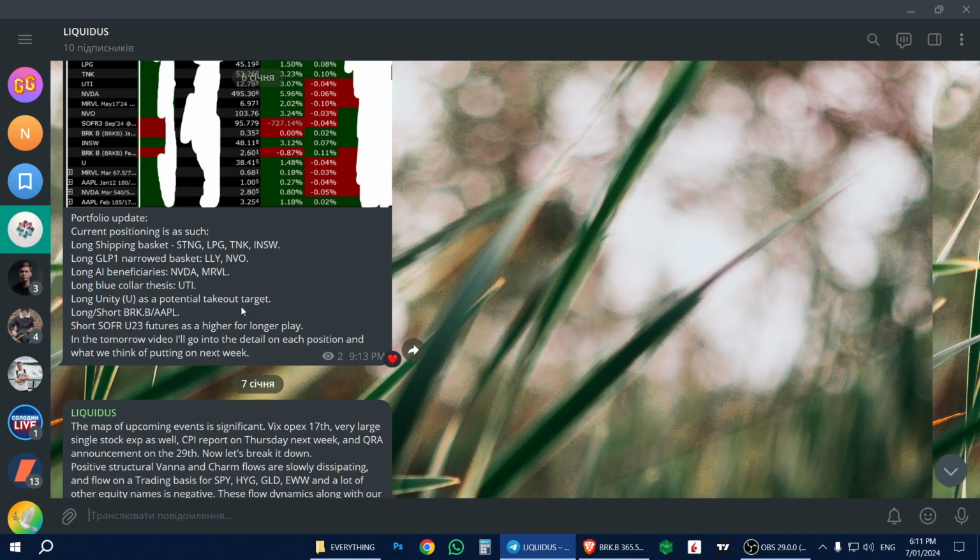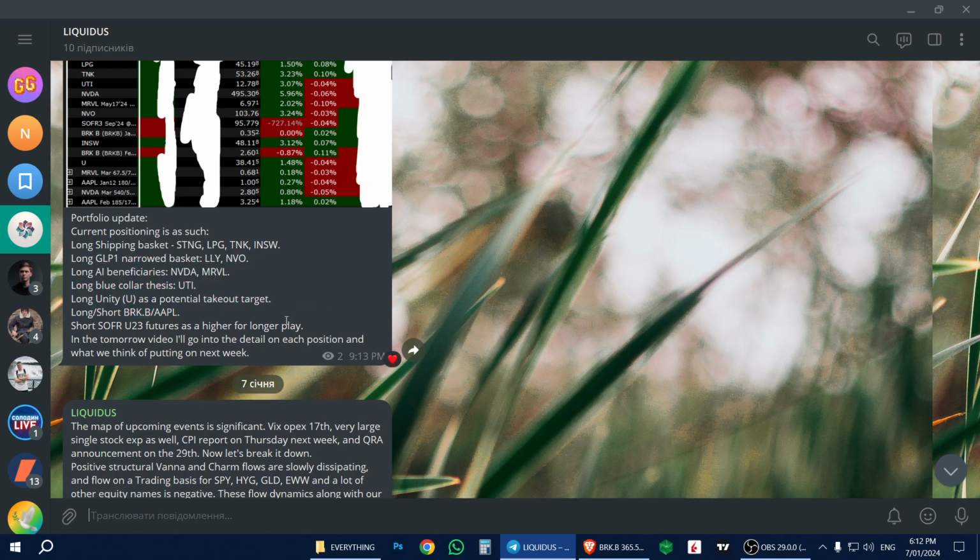Essentially what we do now, as you can see, we are adding into the positive beta position, adding more into beta delta dollars, getting more equity exposure right here.